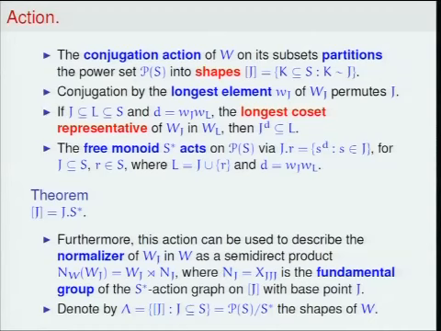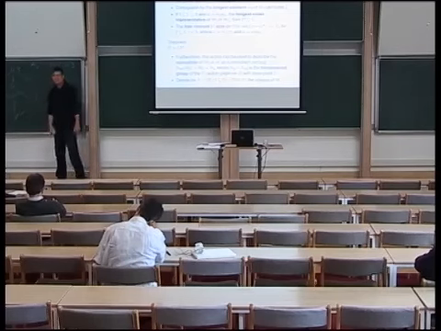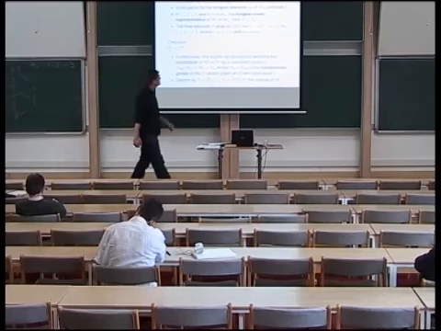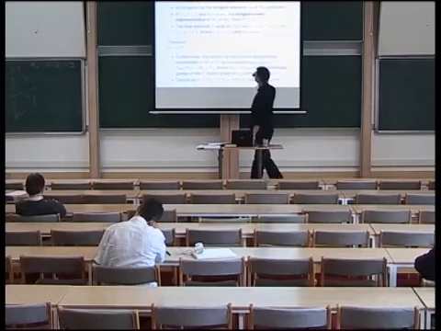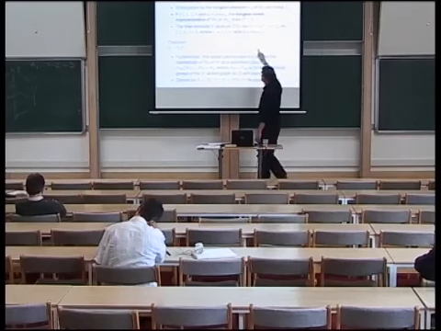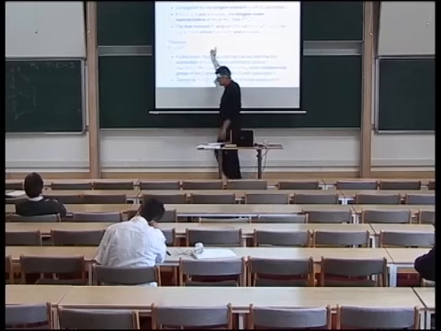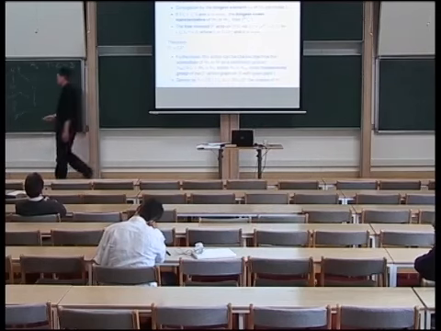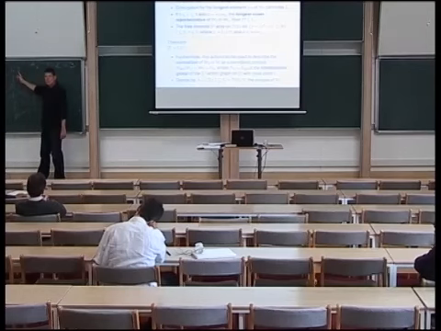So if I look at 1, 2 and consider the effect of the extra element 3 on this, this means I have to form the big set L, which is 1, 2, 3, the entire set S in that case, and I have to consider the effect of the longest coset representative, that is the product of the longest element in the subgroup generated by 1, 3 times the longest element in the subgroup generated by 1, 2, 3.